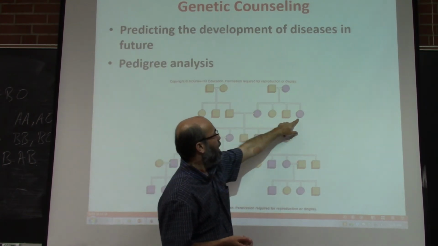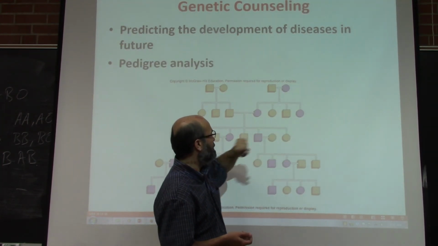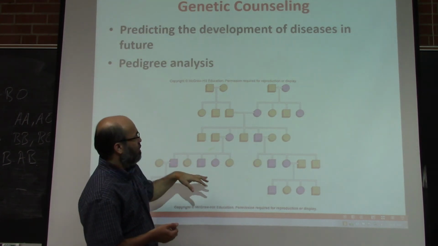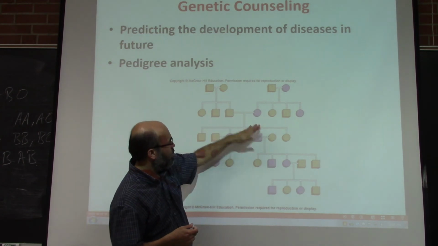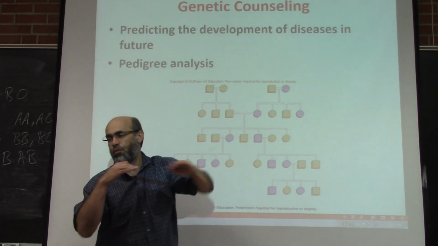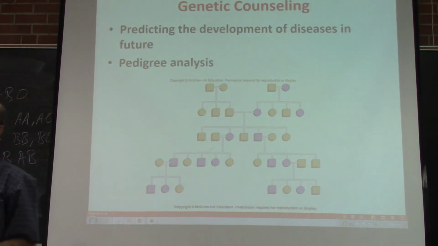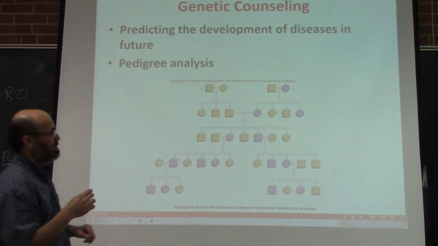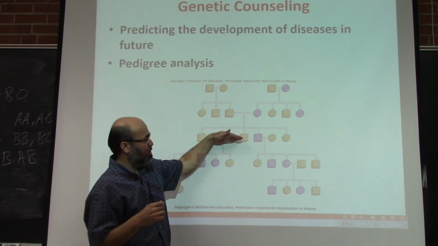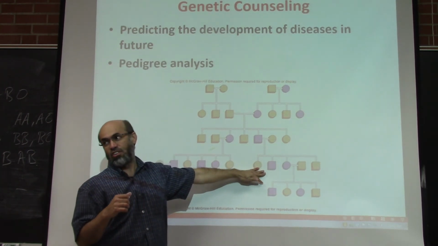That's why half of their children have the disease and others don't. In some cases one generation does not show it at all. It skips one generation because it is a recessive disease, and when the parents are heterozygous, it skips one generation and reappears in the next generation after that.